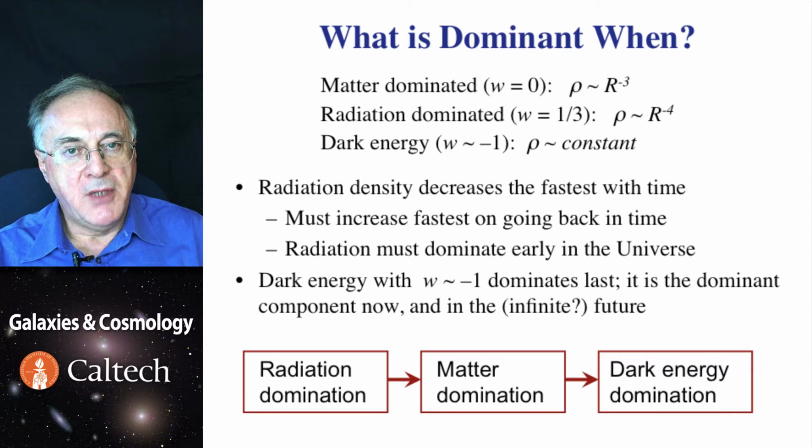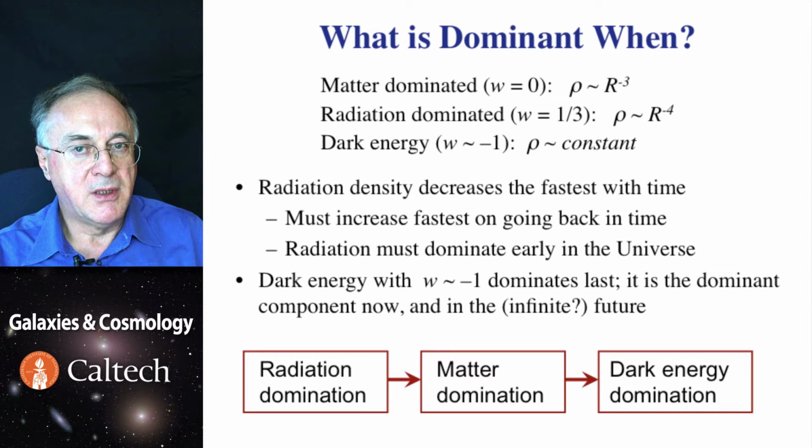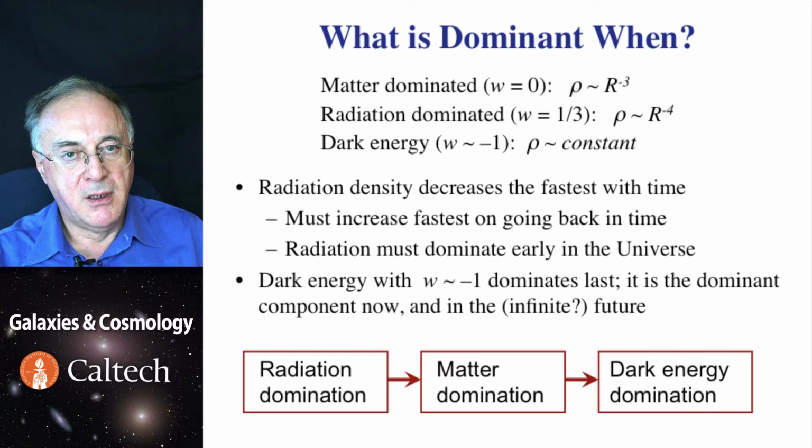So let's recap again. Which component of the universe dominates its dynamics at what time? Since the fastest declining one is more important at the earlier times, and that would be radiation, early on, the universe must be dominated by radiation. Sooner or later, the energy of the radiation drops below that of matter, and then it becomes matter-dominated.